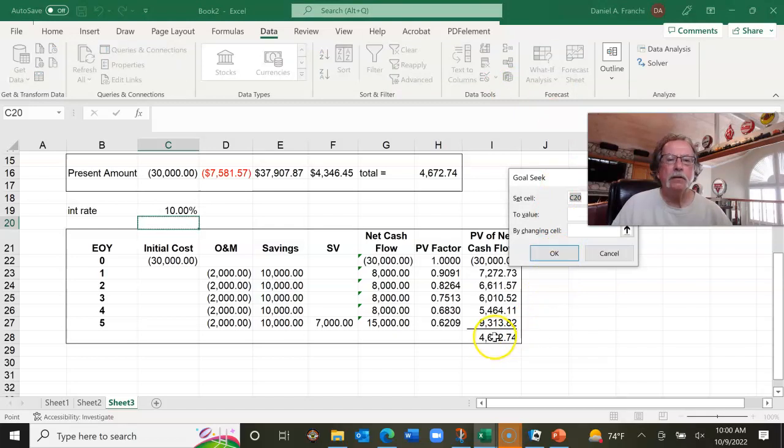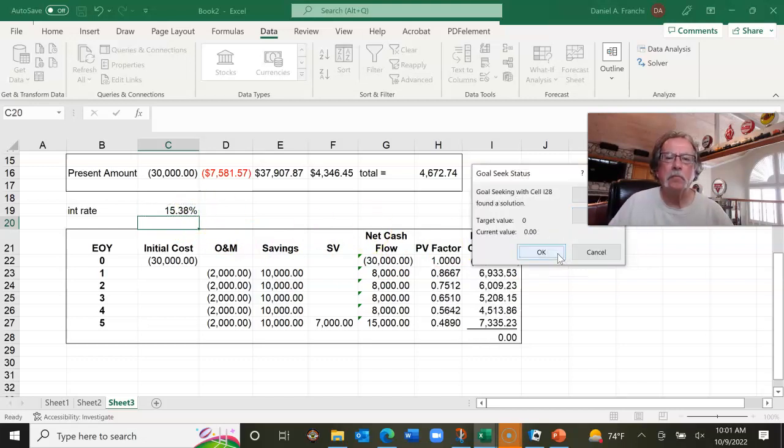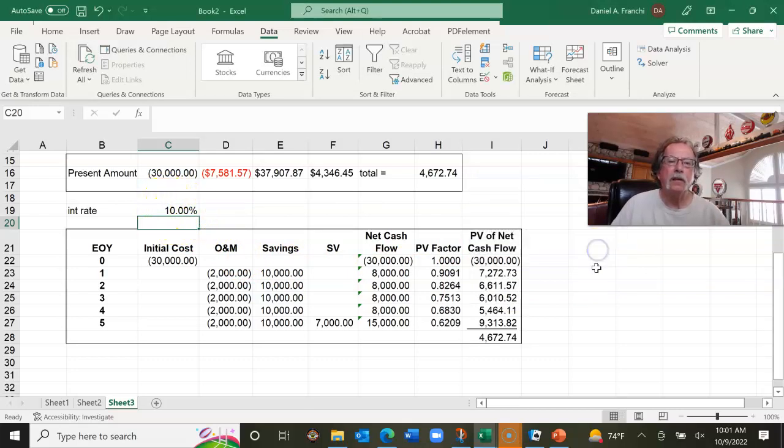And what we want to do is we want to set this value, the present worth of the project, to 0 by changing the interest rate. And look at that. It comes back to 15.38%. So that's one method to do it.